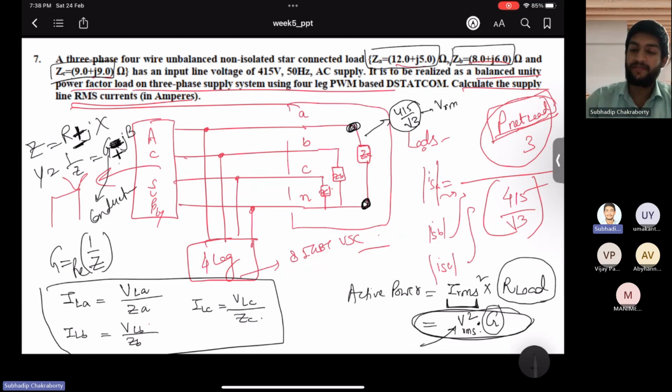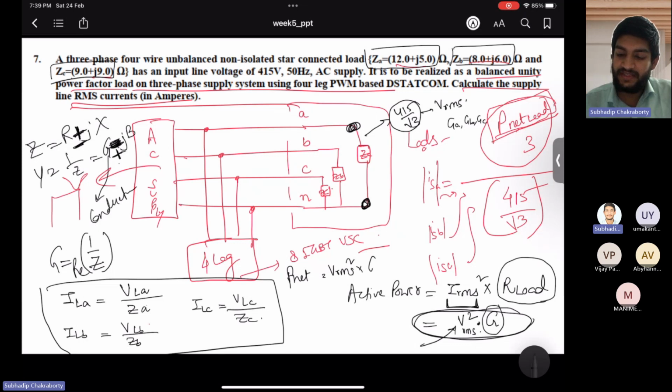VRMS you know. Now you only need to calculate the conductance values. GA, GB and GC. So do 1 by Z and take the real part. Each one you tell me. And your net power will be VRMS square into GA plus GB plus GC is the net power.